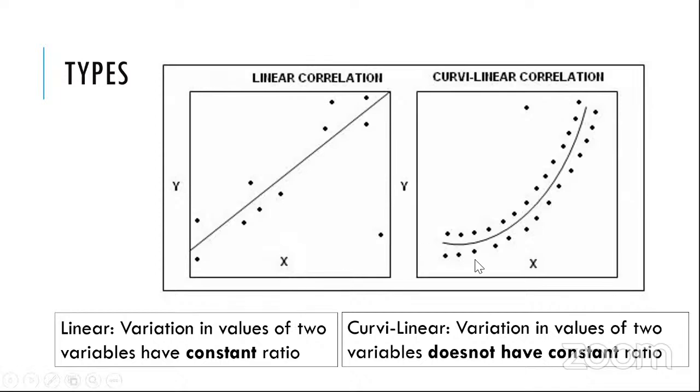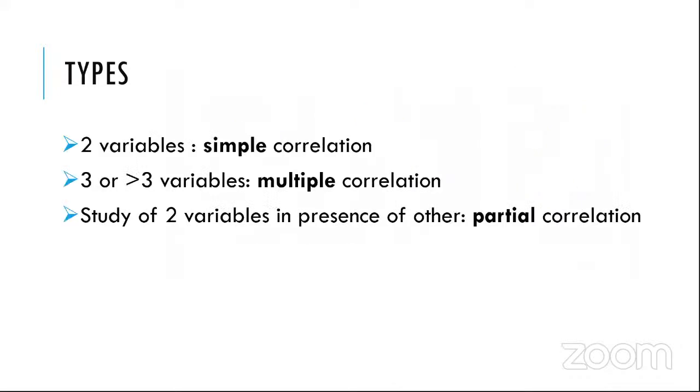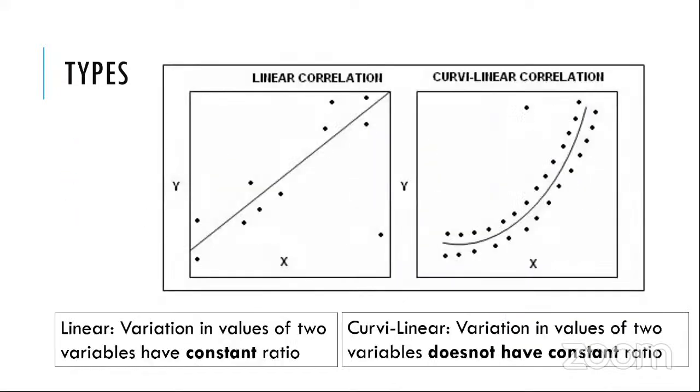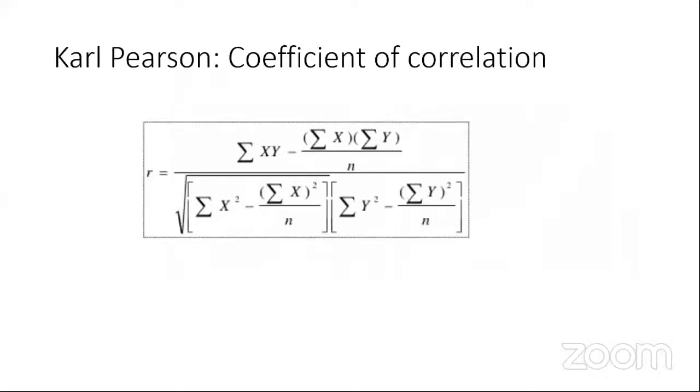And suppose the change in one variable does not bring the same amount of change in another variable, the ratio between the two variable changes is changing. Then we have a curvilinear or non-linear relationship. So basically there are three types of correlation depending upon the number of variables, the direction of change, and the ratio of change in the two variables.